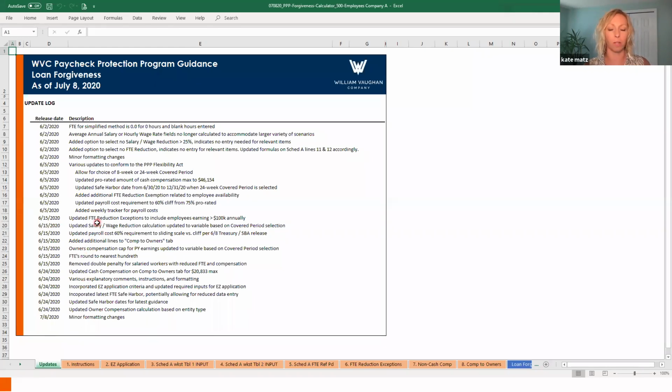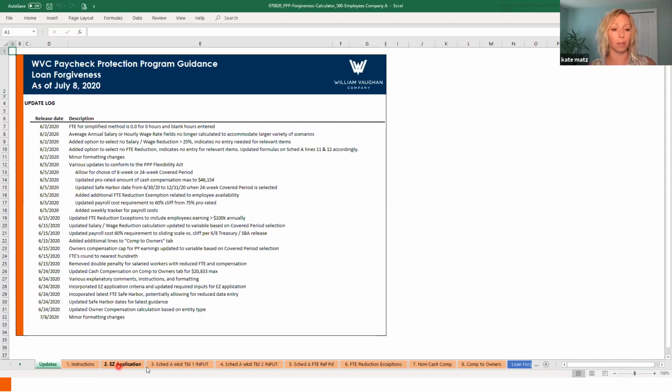And again, sometimes it's because guidance has changed and it would actually change the outcome of your calculation. Other times it might just be some minor formatting. So for example, we did upload a new version that was updated through yesterday, just had some minor formatting changes that make it a little bit easier to follow, but nothing substantive.